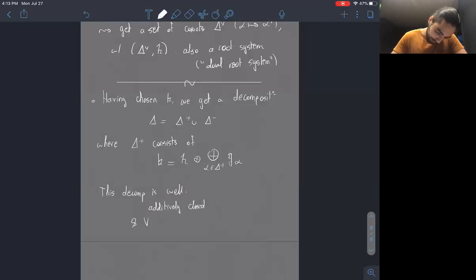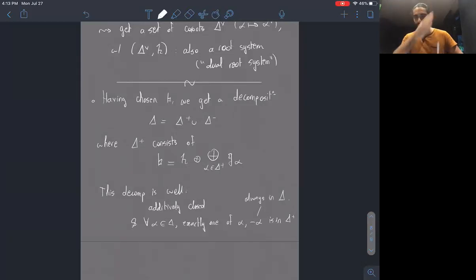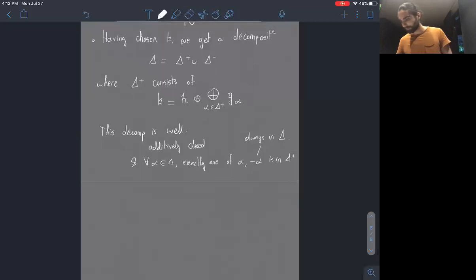And for any root alpha, exactly one of alpha, negative alpha is in delta plus, where one of the axioms of a root system is that this is always in delta. It's a sort of closure under reflection across the hyperplane perpendicular to alpha with respect to the Killing form.